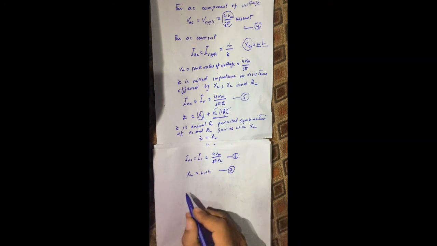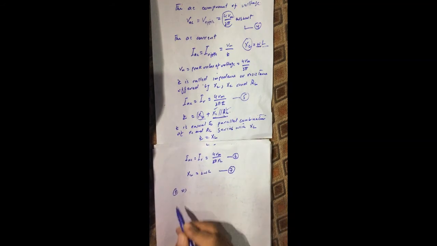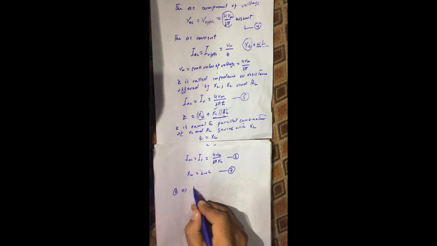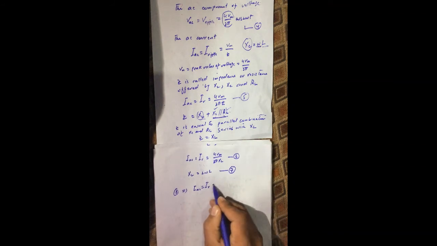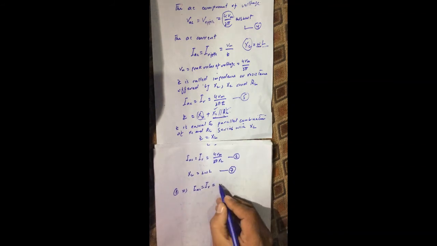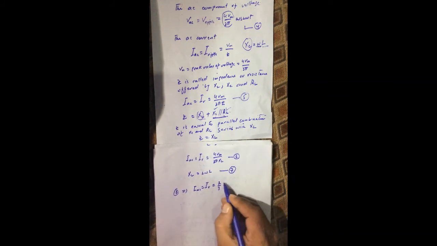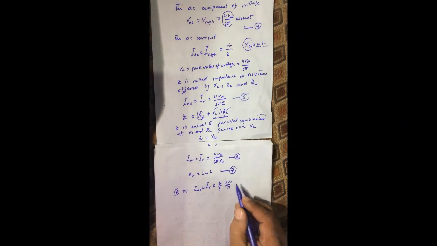Now equation 6 can be written as IAC, which is equal to I ripple, which we can write as 2 over 3 into 2Vm over pi into 1 over XL.